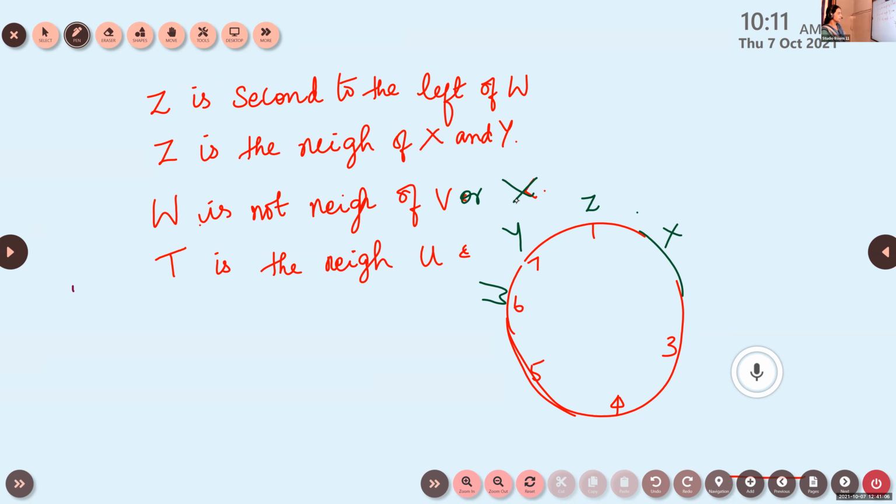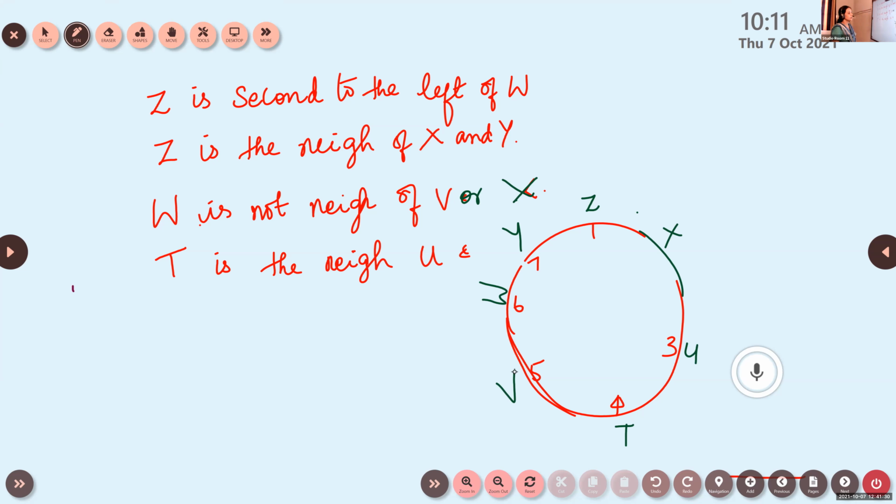Now, T is the neighbor of U. The remaining letters left out are T, U, V. If I fill like this, U, T, V, check it. Is it satisfying?